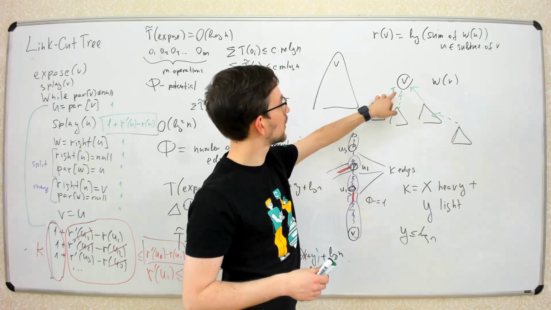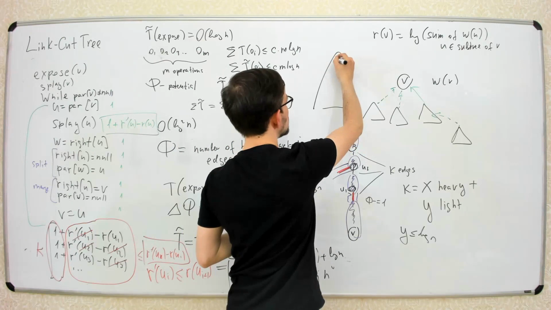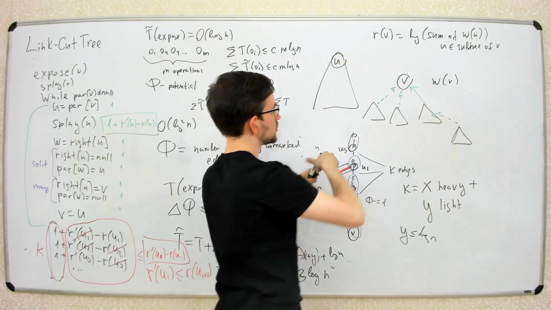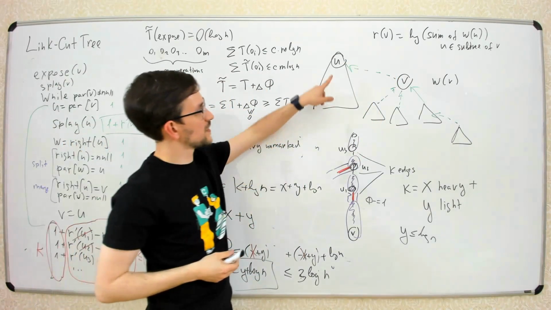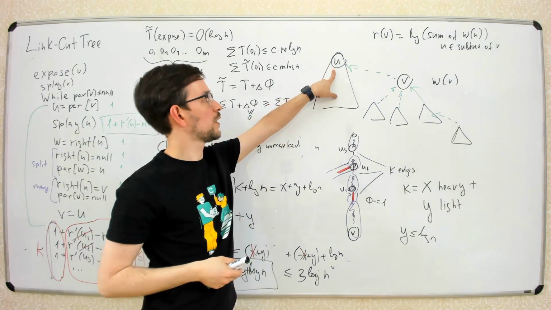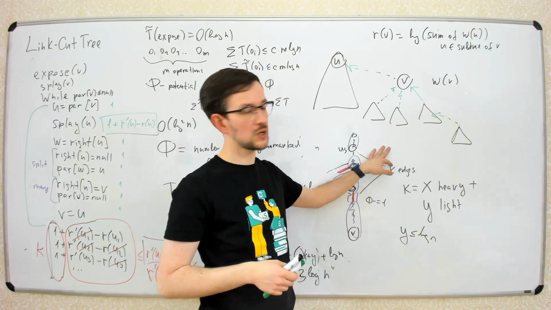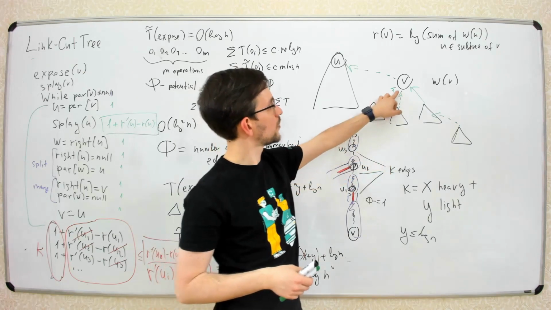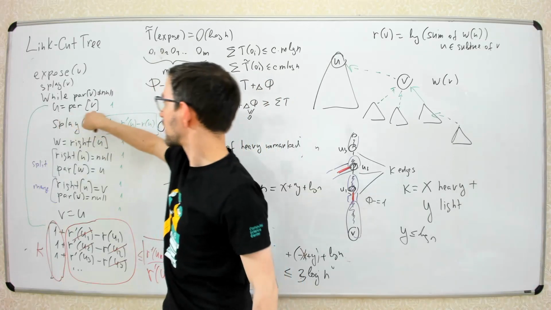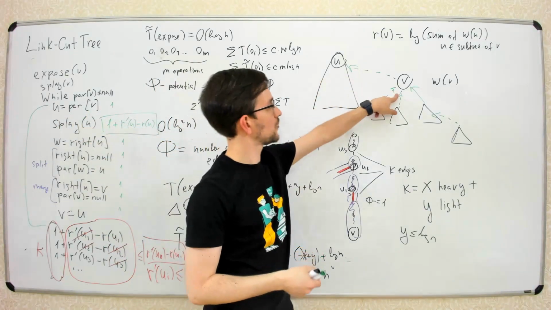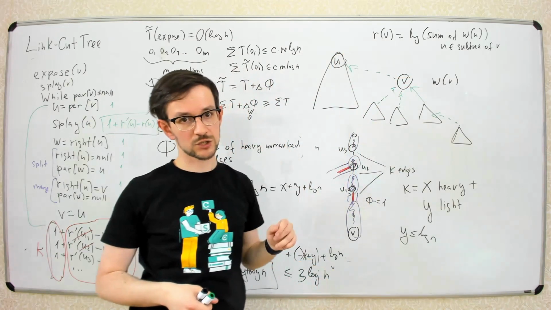And when you go from one node to the next node, it happens like this. You have this v, you have this u. This u is connected here. Then the weight of this node will actually include the total number of nodes in this section. So if node v is connected to u, like here, because u is the parent of v, then the weight of u will include all nodes in this section.